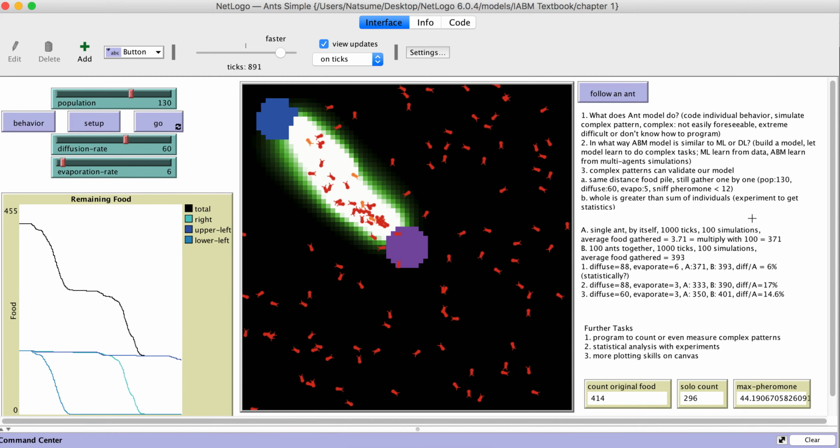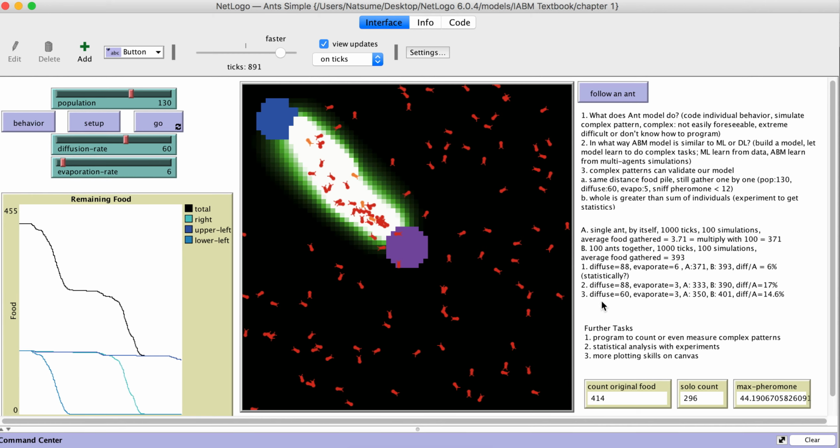So that is the assumption. But if we are able to simulate the real ant colony, then 100 ants as a colony should get much more food than the previous experiments. So will this whole ant colony together get more food? We don't know. We have to experiment.